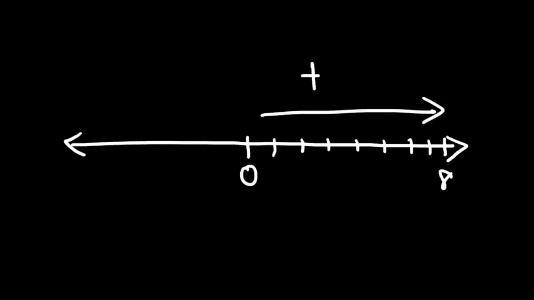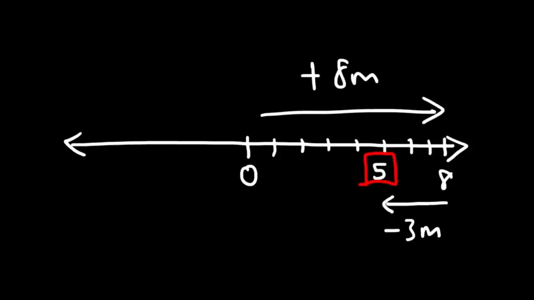So during the first part of his trip, his displacement was positive 8. Then he traveled 3 meters west. So his displacement is negative 3. So now he's at position 5. And so his net displacement is 5 meters because he started from position A and now he's at position B, which is located at position 5.